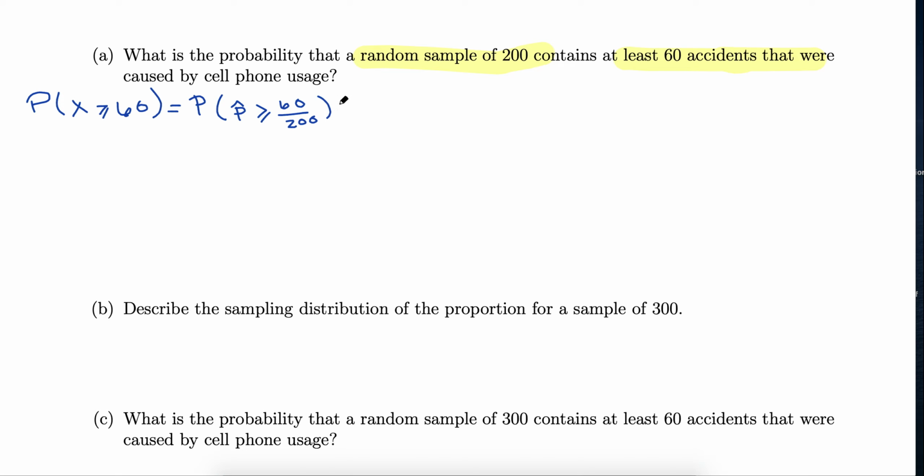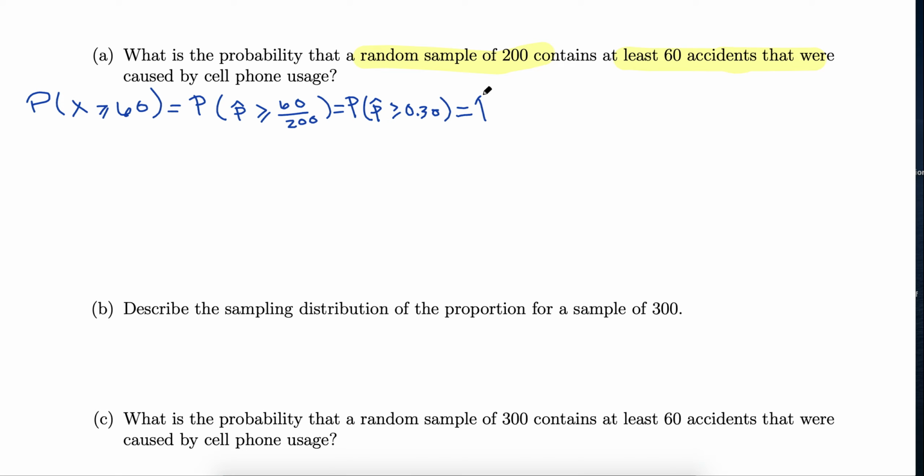So I'm just reformatting my question from raw counts to sample proportions because we worked really hard to find out what the distribution of sample proportions is. Okay, so the really, really important part we just mentioned was that the p-hats follow a normal distribution, this bell curve. We know how to handle normal distributions.